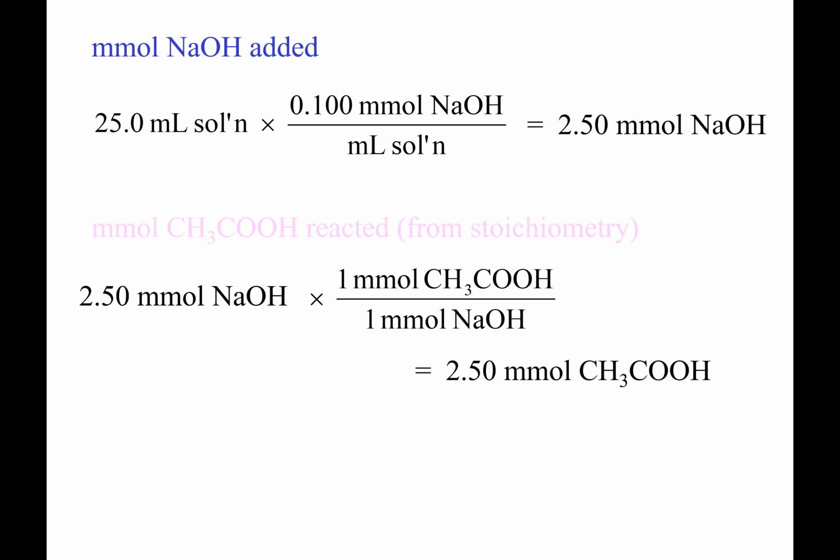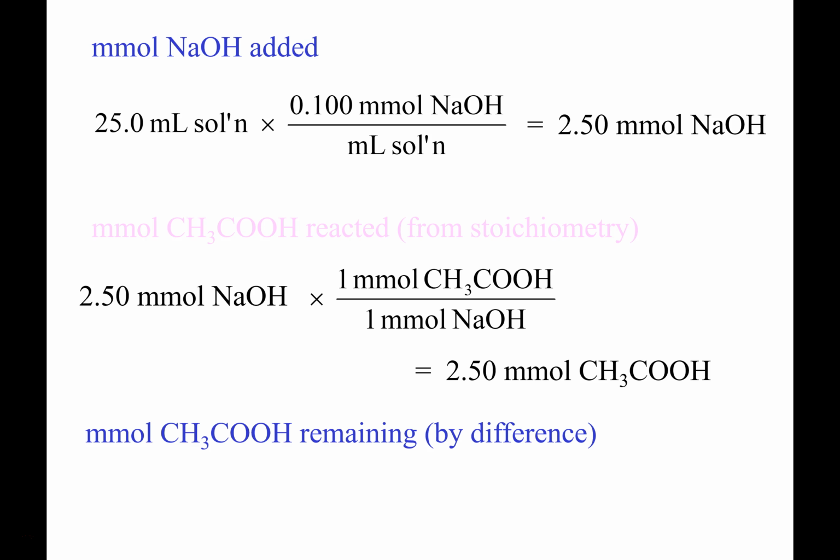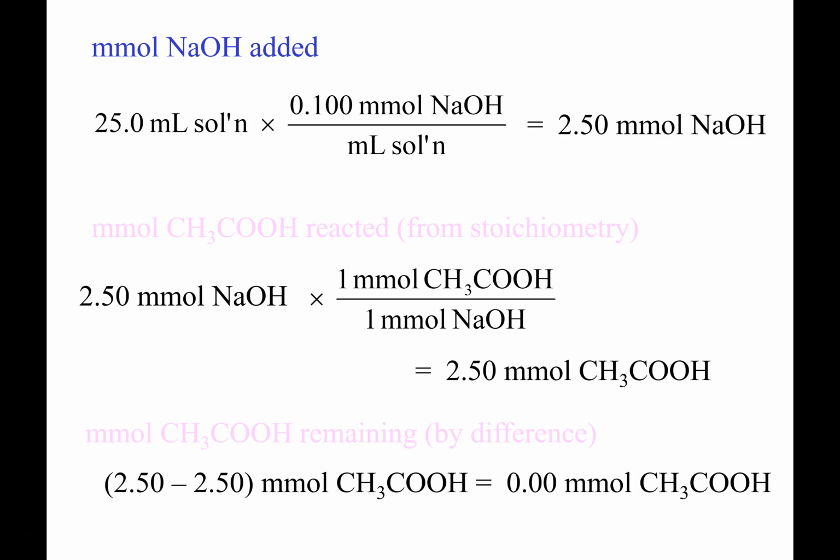That gives you 2.50 millimoles of CH3COOH that reacted. A few slides ago, we came up with the millimoles of CH3COOH you had initially, and it was that same number. So remaining is 2.50 minus 2.50. So yeah, you're at the equivalence point.